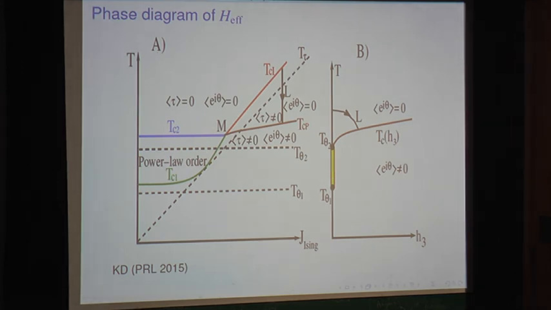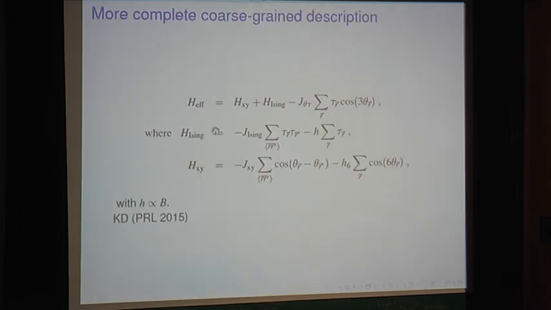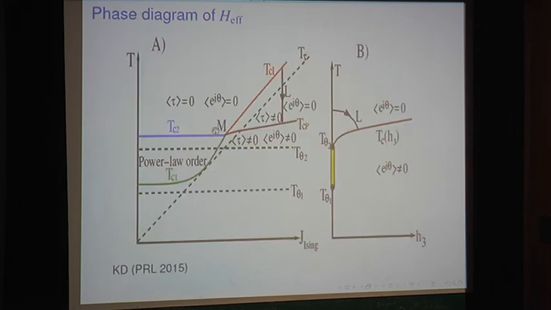If you have second or third neighbor ferromagnetic couplings, that will drive an effective ferromagnetic interaction for these tau variables, which are the uniform magnetization mode's direction. Then you can drive the transition from the power law ordered intermediate state to this sequence of two transitions. That's a possibility. It's also possible that you drive the transition from this to just first order. That you can't rule out. You have to see what happens in individual cases.